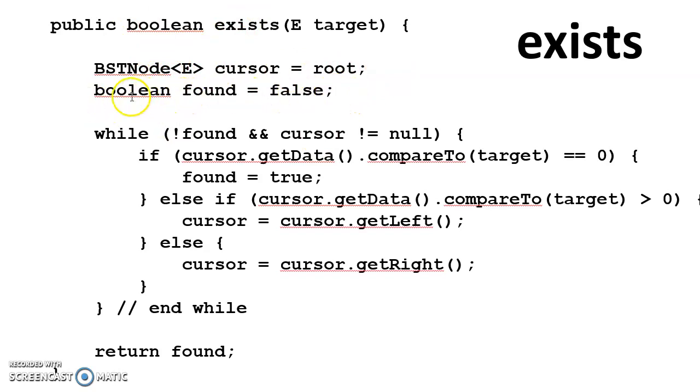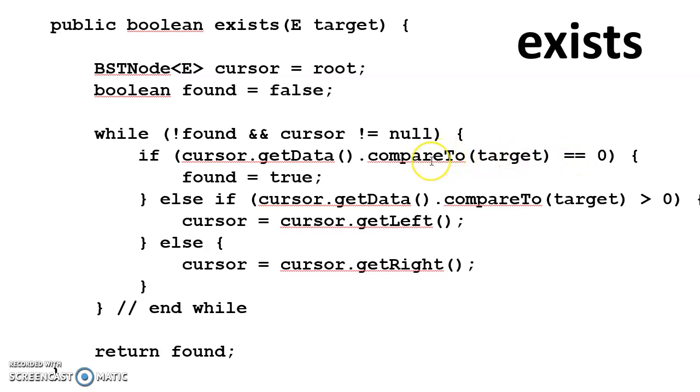We have this Boolean found that we start off at false. For the loop itself, while not found, so we haven't found it, and while cursor is not null, meaning we haven't fallen off the tree, we compare cursor get data to target. In this case, it was using compareTo, but we also could have used equals.